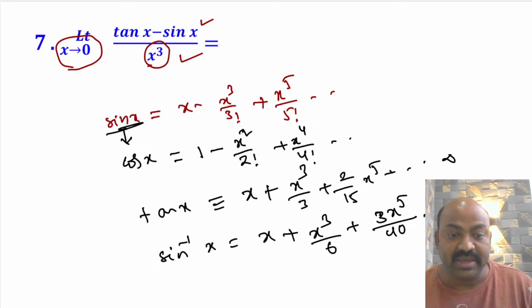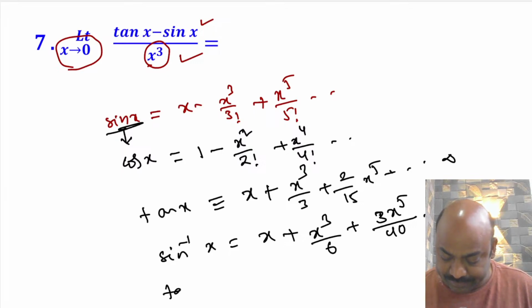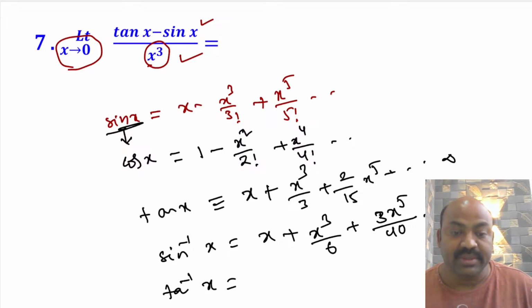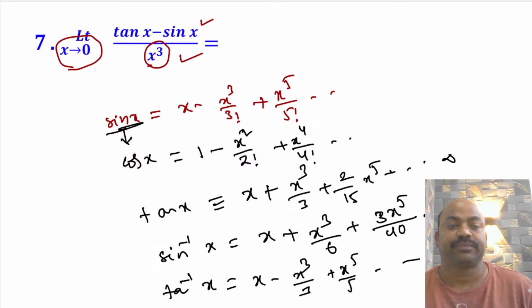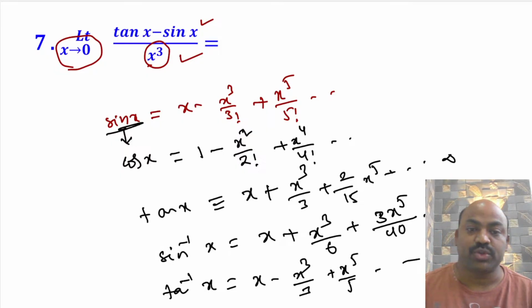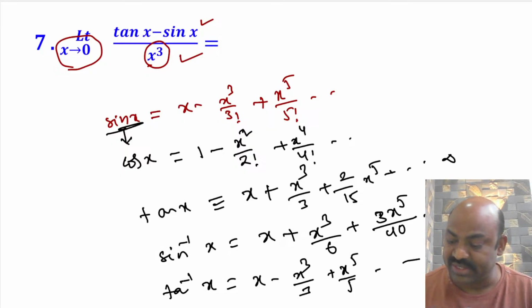Then similarly, tan inverse x is x minus x cube by 3 plus x power 5 by 5. Enough. This list is very important.